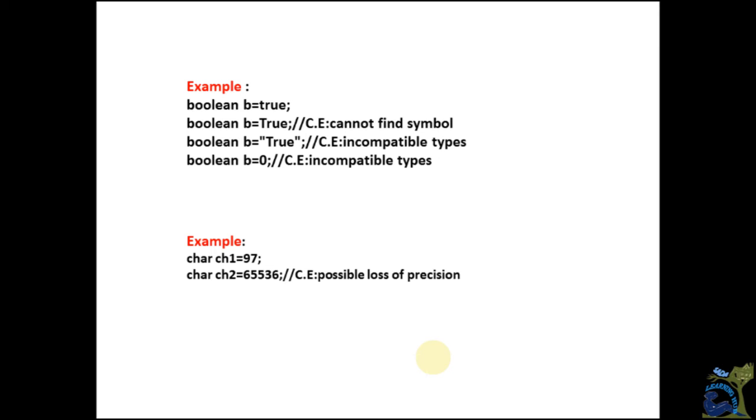Here I can show you some examples. Char ch is equal to 97 is fine, and char ch2 is equal to 65536 gives a possible loss of precision, because the maximum value of char is 65535 only, but here it is 65536.